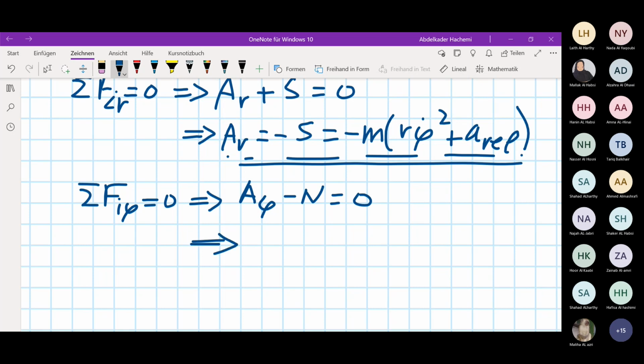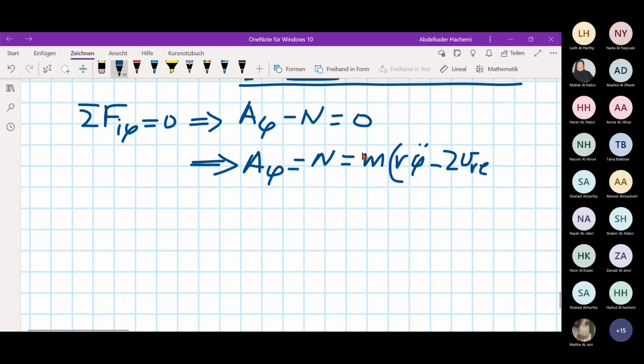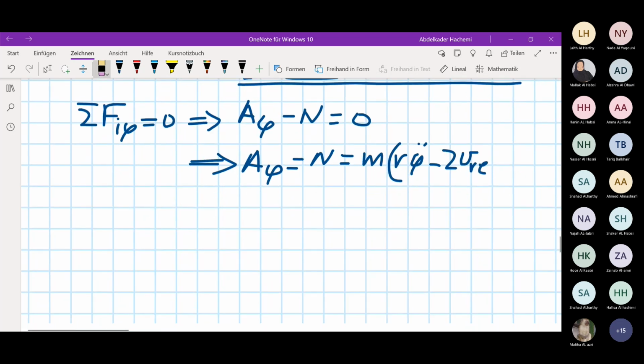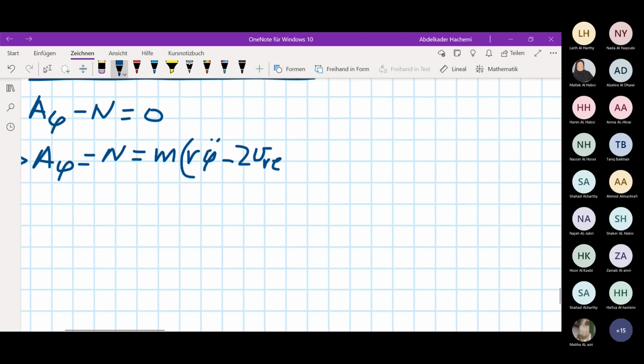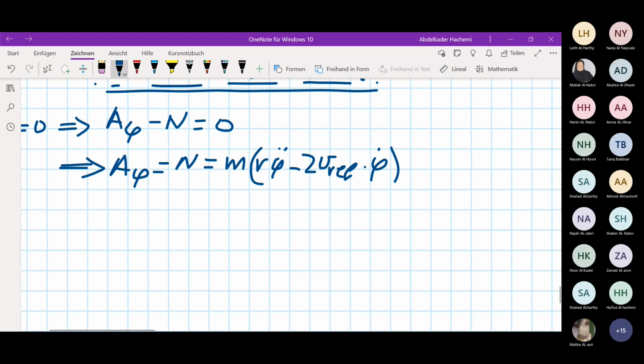Then we have A phi is equal to N, and is equal to the mass multiplied by R phi dot dot minus 2 times R relative multiplied by phi dot. This is the reaction in phi direction.